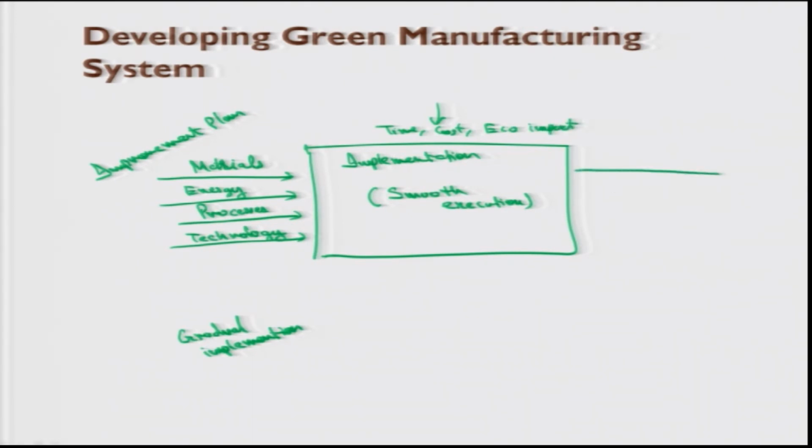So what would be the output? We had an improvement plan, and we have implemented it through this. Now, what are the tools? A number of tools would be required here, some of which can be a better layout, and we can use some plant simulation software for this as well.